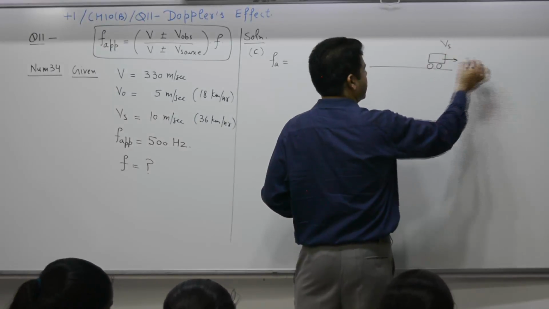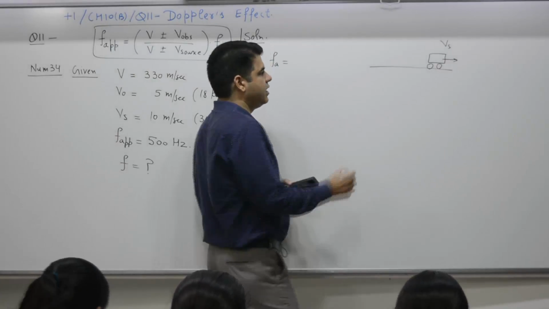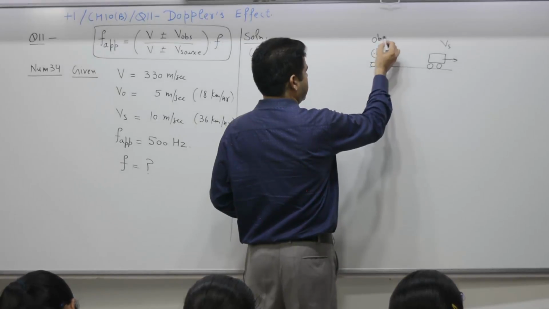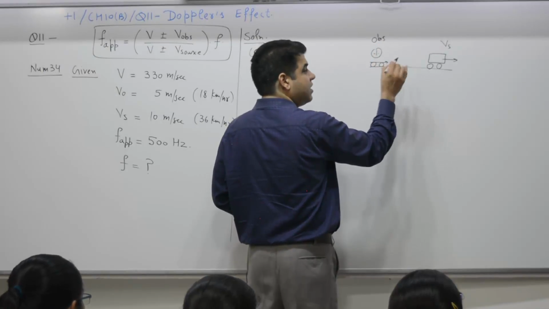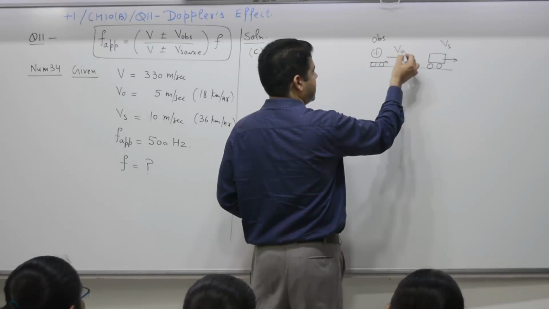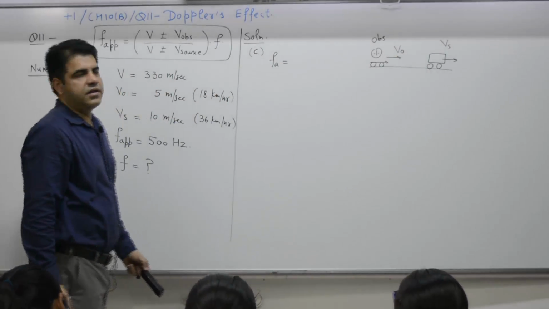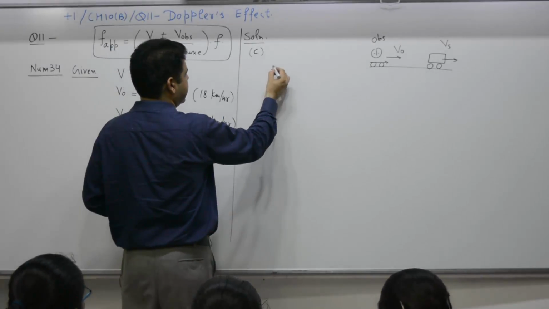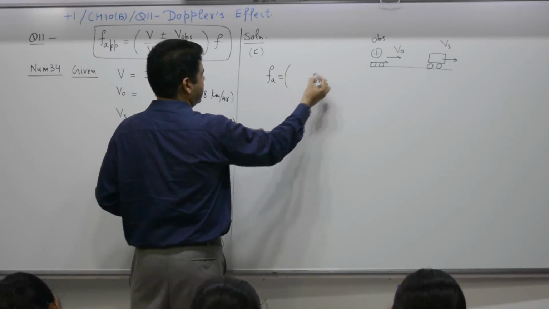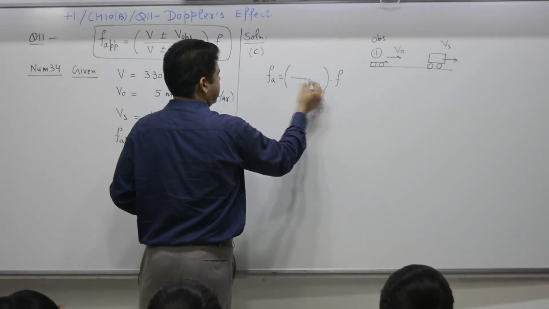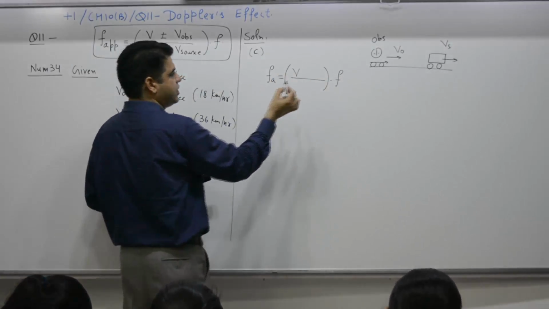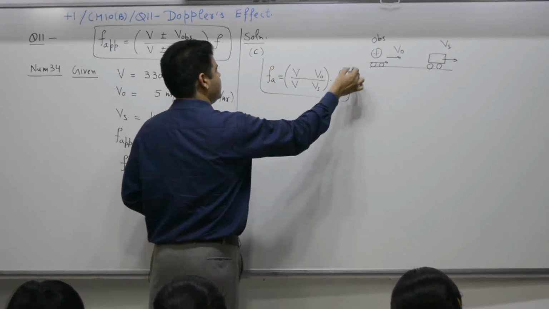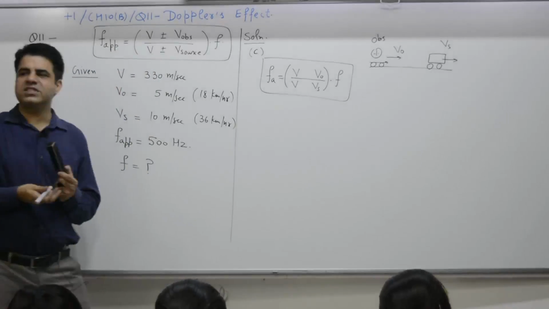Source, suppose, is moving along the x-axis, the train is moving, and the motorcyclist, in this case an observer, is also moving in the same direction. Now you need to think, F apparent is equal to what? Observer non-zero, source non-zero. Now try the sign. See how many of you understand Doppler's effect.